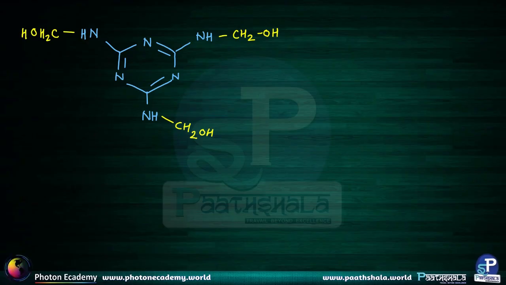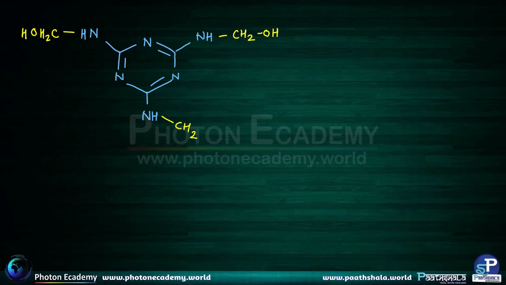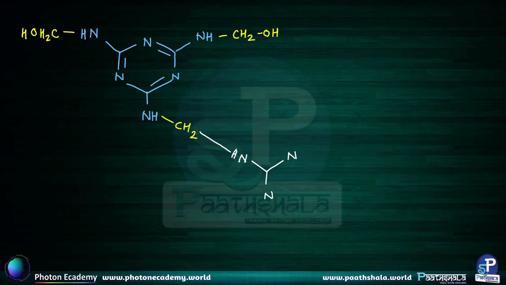Now, over time again, the CH2OH, the bottom one, loses its OH and in turn combines with another NH, and this NH belongs to another melamine. Imagine a melamine over here. So this process is continuing, and due to this continuation, we are getting a polymer.